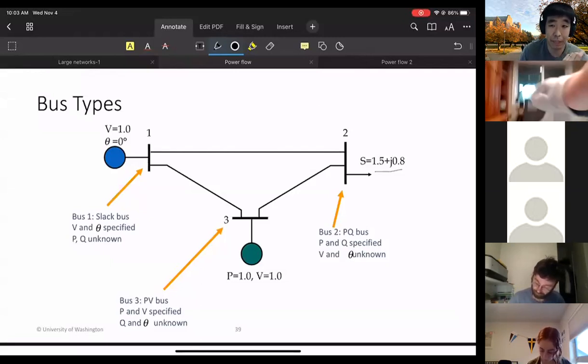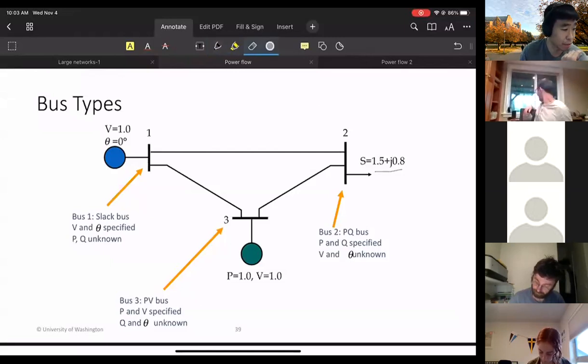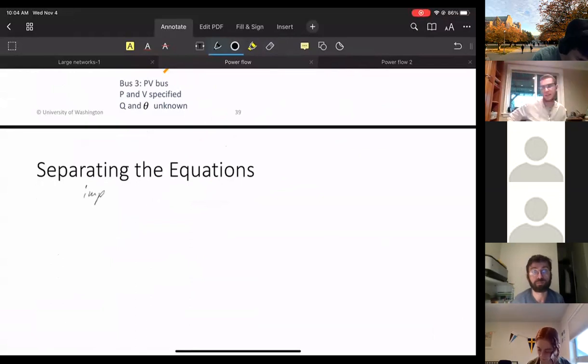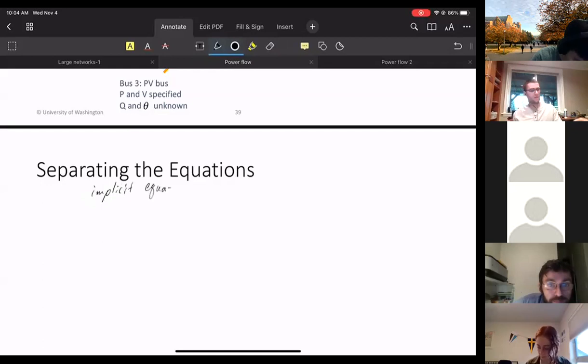And let's see what the equations become once we specify the types of buses. So the terminology is what you tend to hear, sometimes see, and in the book you see a terminology called implicit equations. Let's spell this out. Implicit equations basically means that the injection is given.